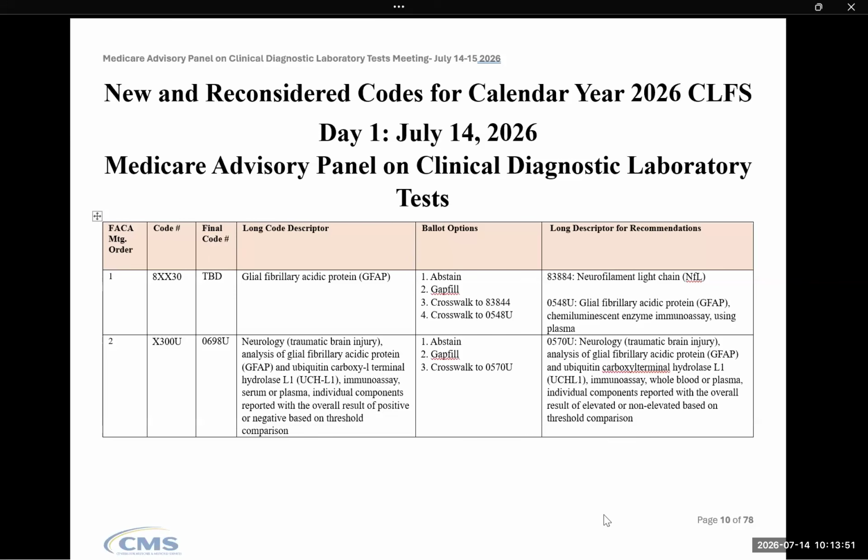We have our votes coming in. They are coming in.